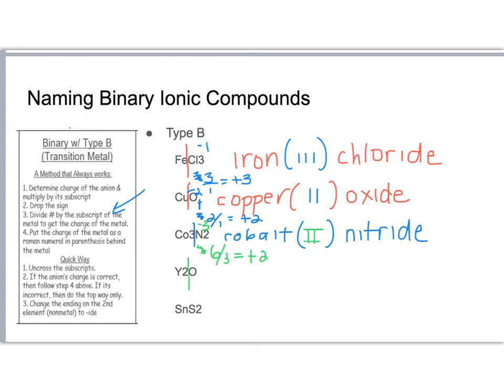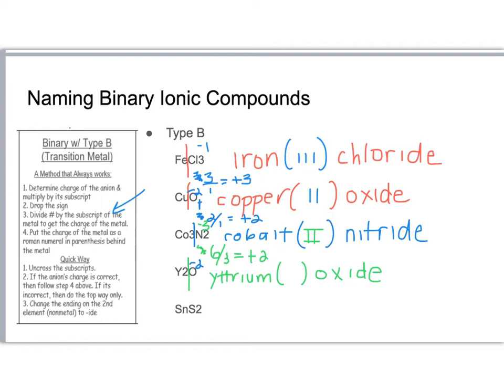If I cut the next example in half, I'm going to name the metal that is yttrium. It is a type 2 or type B metal. So I'm going to put the parentheses behind it. O is oxide. And then I'm going to look on the reference sheet for the charge that oxygen would take.